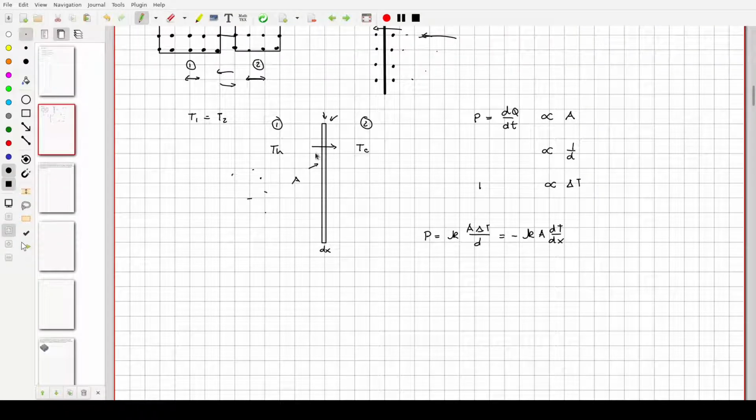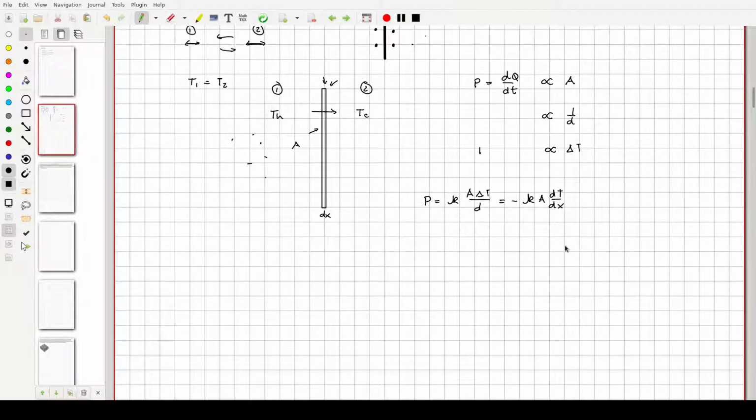Okay? Now, which one you use depends upon the situation. I actually prefer using this one right here, but six of one, half a dozen of the other. Because if you're dealing with discrete temperature differences and discrete thicknesses, you can just promote dT and dx to being discrete.